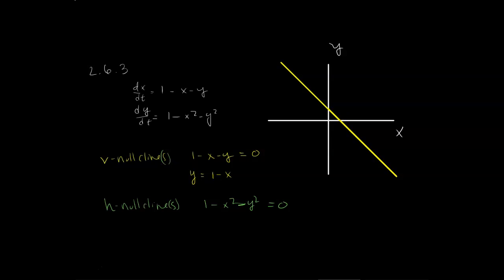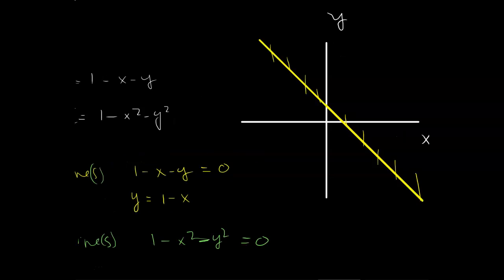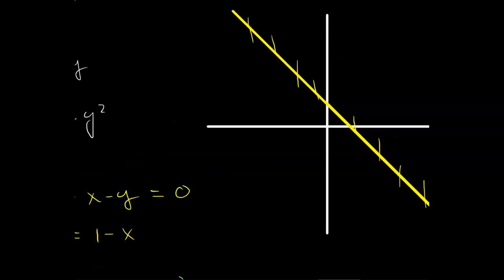So what might be helpful to recognize is that along this, all the slopes of my solutions are vertical. Now for your H null lines, you might recognize that it's actually a circle. So I'm going to zoom in to help myself draw a nice circle here. We did that in green. So it's a circle with a radius of 1. So it kind of goes through these like so.